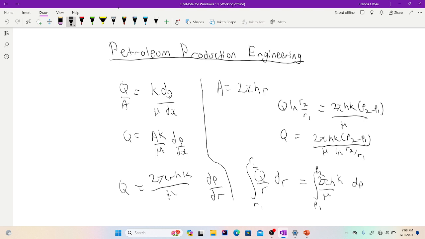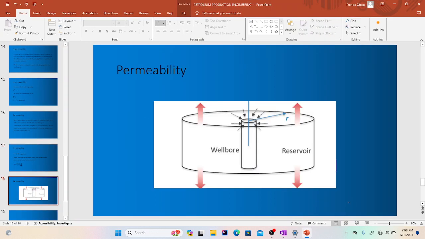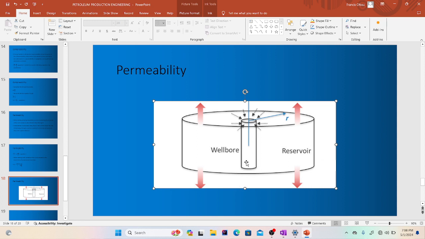Now, when we are dealing with our reservoir, our R2 is going to be the radius of the entire reservoir, from the center here to the end of the reservoir. And our R1 is going to be the radius of the well bore. The well bore is just the portion that we are drilling into the reservoir.